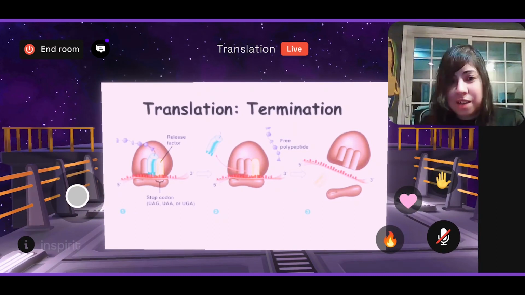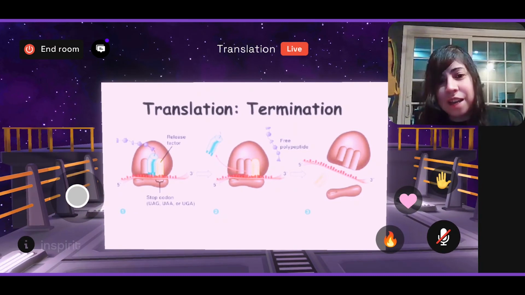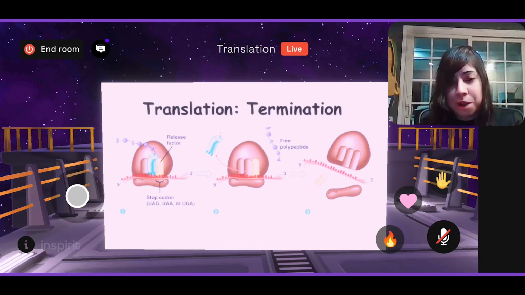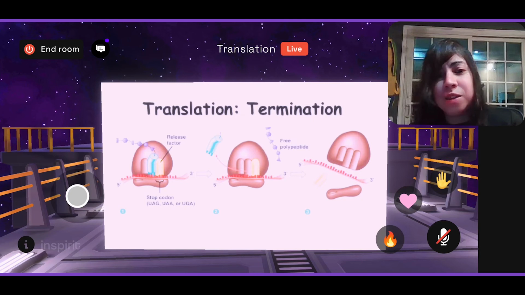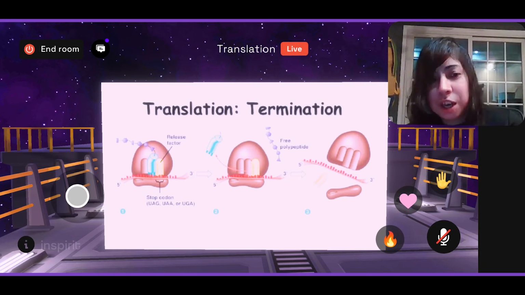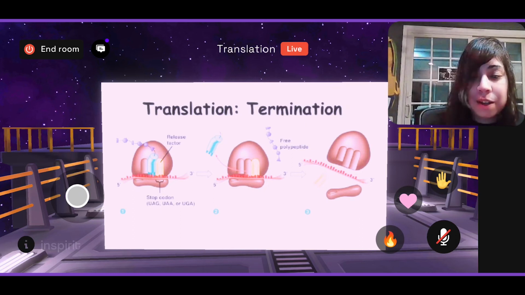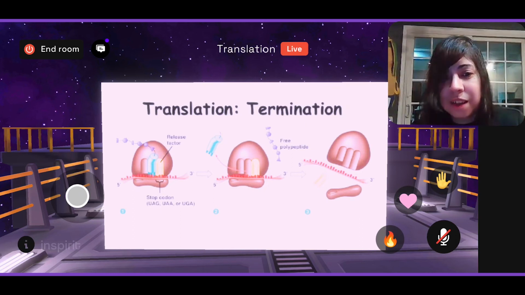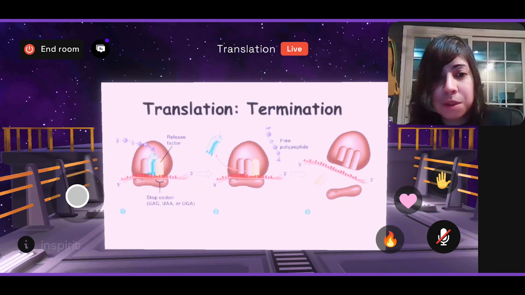So the 30S, the 50S, the mRNA, and the polypeptide all separate. The RF1 recognizes UAA and UAG, while the RF2 recognizes UAA and UGA, and the RF3 dissociates the 30S and the 50S subunits of the ribosome.